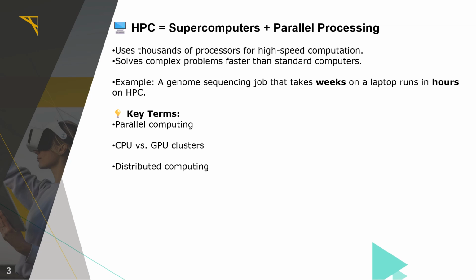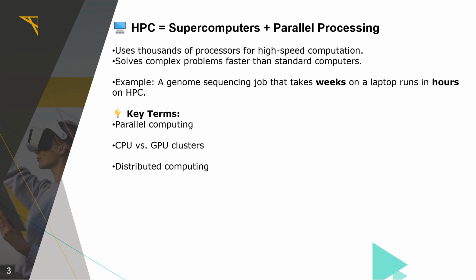Now, in the concept of HPC, we also have CPU versus GPU clusters. So, what's the difference? CPU clusters are good for general purpose tasks like running simulations, statistical analysis, and numerical computations, while GPU clusters are specifically designed for massively parallel tasks like deep learning, AI training, and even graphics processing, right?